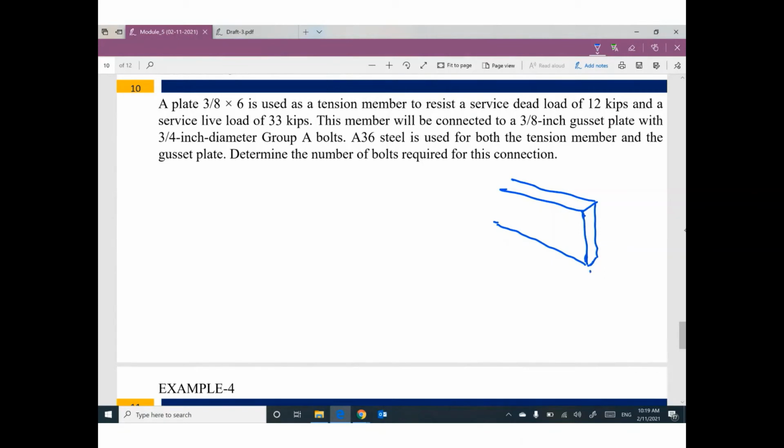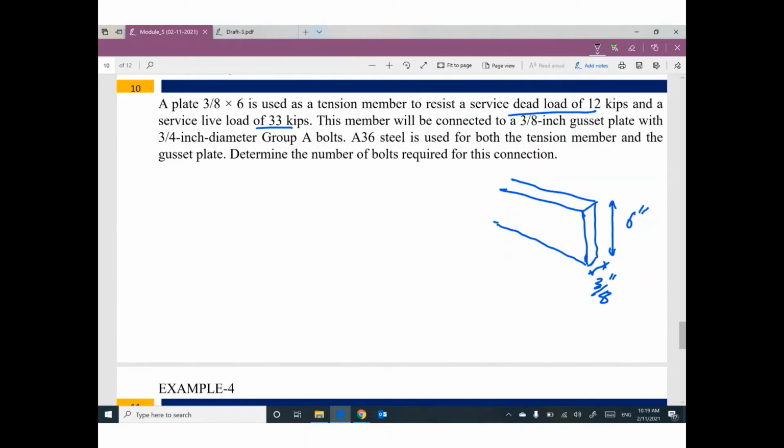3/8 means the thickness is 3/8 inch, and the 6 is the other dimension, 6 inch. It is used as a tension member to resist a surface dead load of 12 and a surface live load of 33.